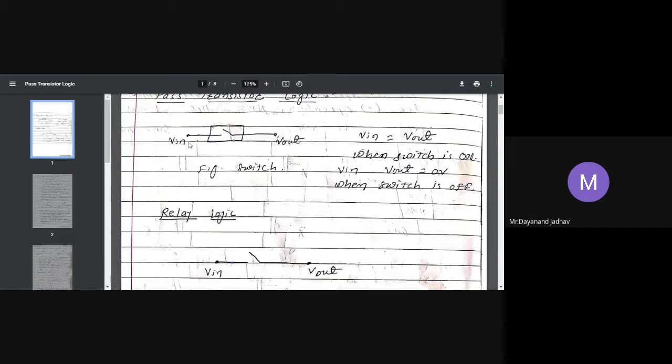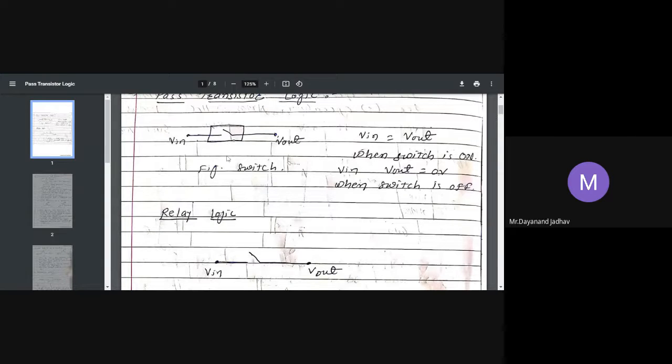When V in is 0 volt, if this switch is open as shown in the figure, then V out is also 0 and the switch is off, which means voltage flow is not there.